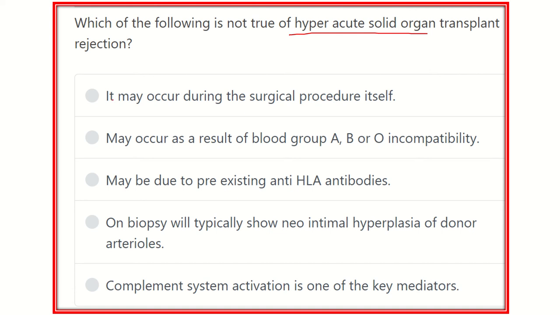Here the options are: it may occur during the surgical procedure itself, may occur as a result of blood group A, B or O incompatibility, may be due to pre-existing anti-HLA antibodies, one biopsy will typically show neointimal hyperplasia of the donor arterioles, and complement system activation is one of the key mediators. So we have to find out what about hyperacute rejection and the component of hyperacute rejection.